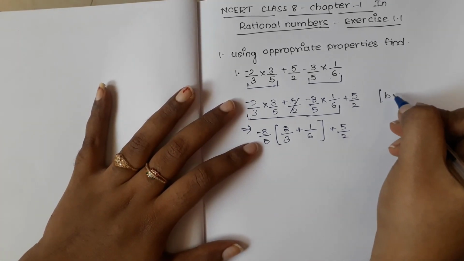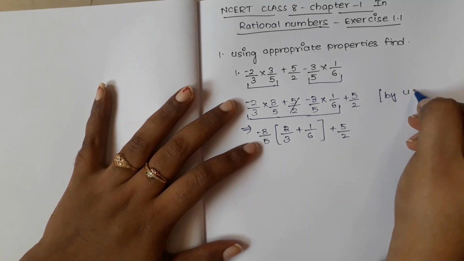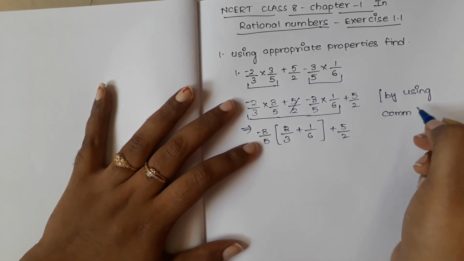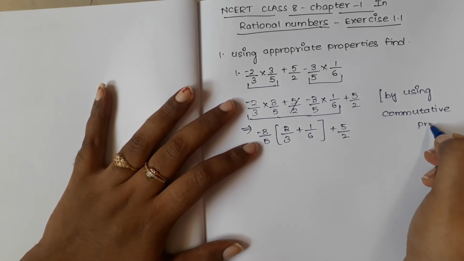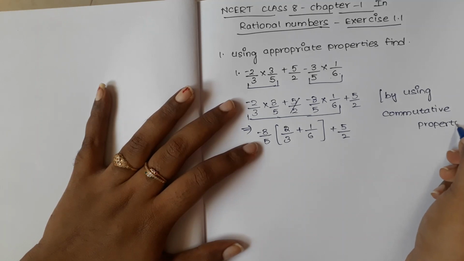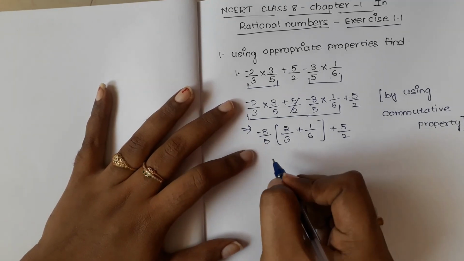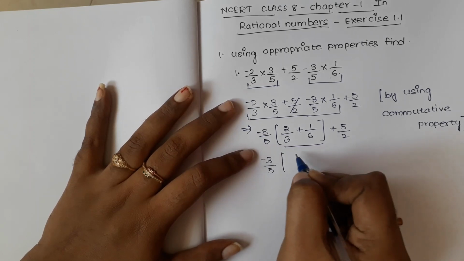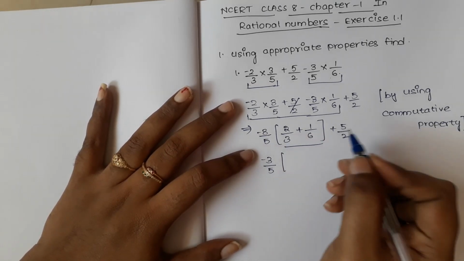This is done by using the commutative property, and now this should be added. Minus 3 by 5 into 2 by 3 plus 1 by 6.